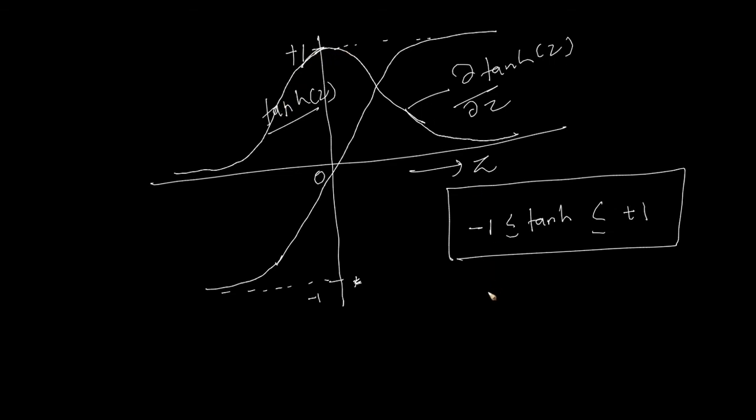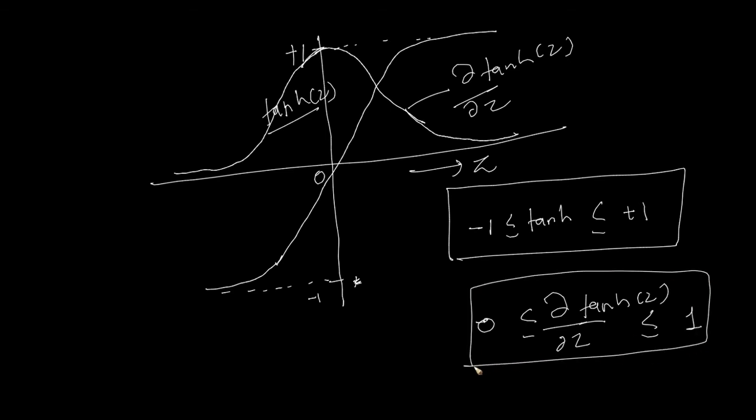Now if I write how this derivative is behaving, it is 0 less than or equal to the derivative of tanh, which is less than or equal to 1. So the derivative of tanh varies between 0 and 1. It can be equal to 1 also.